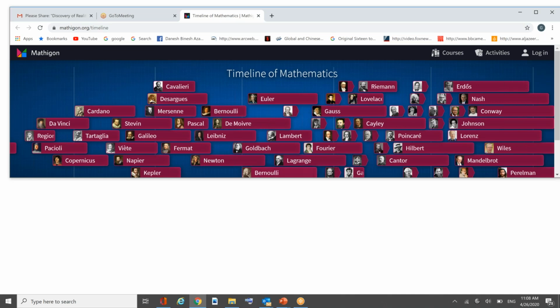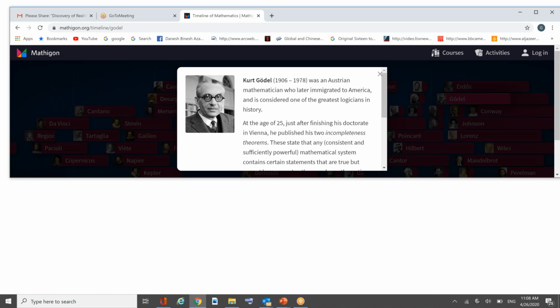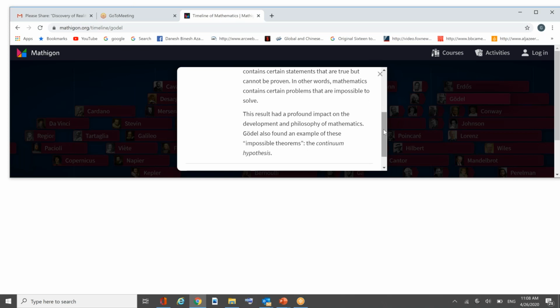So if you look closely, when we come to the 1930s, Gödel, who is the Austrian mathematician, discovered the theorem of incompleteness. This states that any consistent and sufficiently powerful mathematical system contains certain statements that are true but cannot be proven.